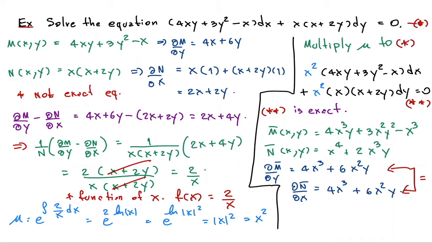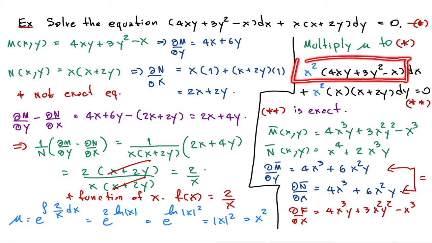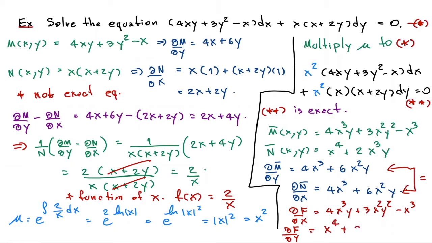So we can begin with two choices. The first choice is to begin with df by dx, which is 4x cubed y plus 3x squared y squared minus x cubed. Or we can begin with df by dy, which equals x to the power of 4 plus 2x cubed y.